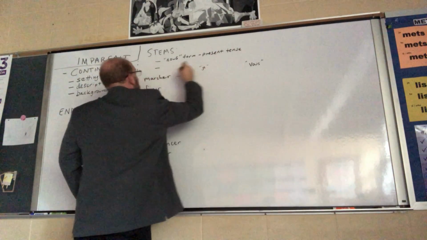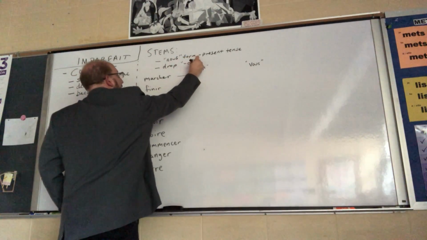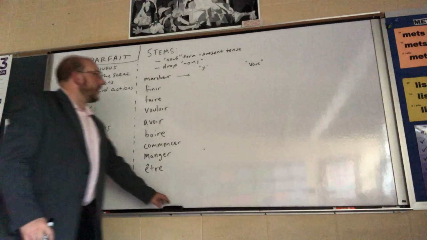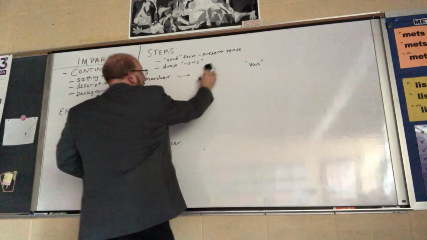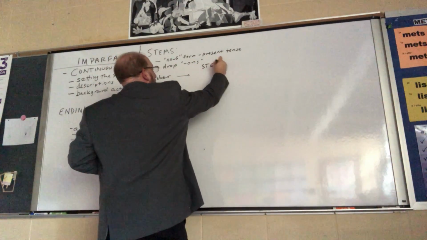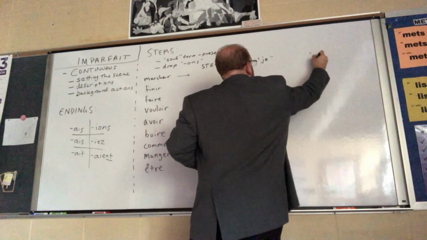Then, we simply drop the ONS. So if you think about it this way, actually I put the je and the vous in the wrong places. We're going to say stem, je, and vous.